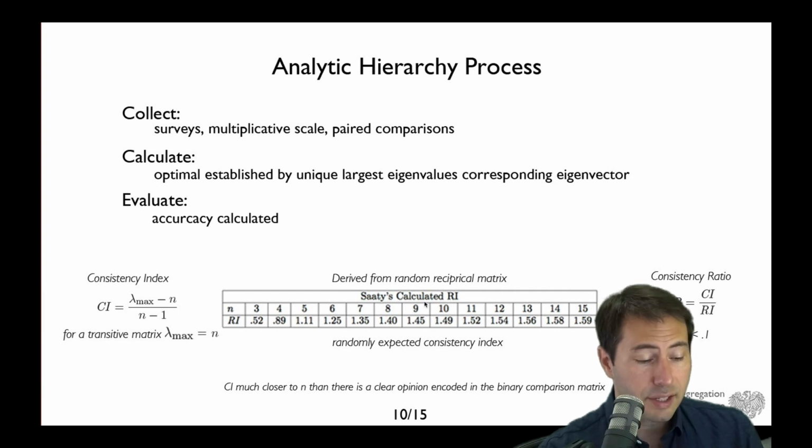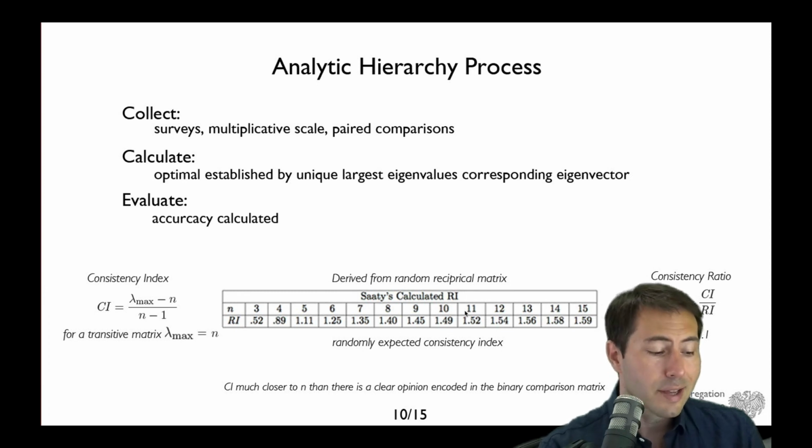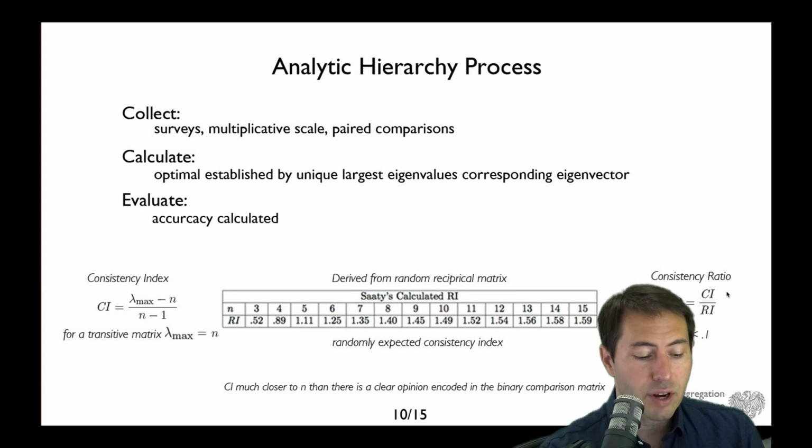Saaty's consistency, he's calculated an expectation of what random disagreement should or shouldn't look like. It tells you that if the consistency ratio, that is the consistency index within your group divided by the number that we'd expect to occur by random assignment of values, is a very small value, then we can sort of accept those results.